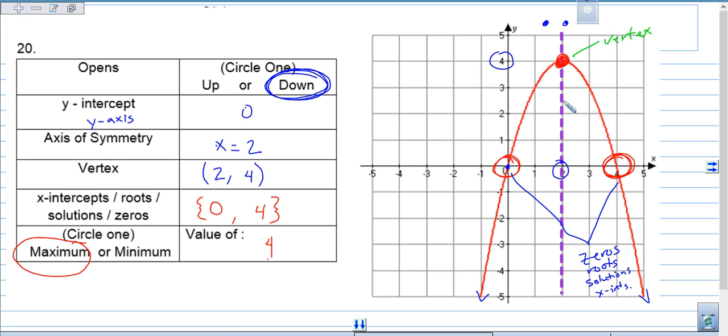This is our axis of symmetry. Okay? And then this is also our max, our maximum. Okay? This concludes our videos for the Unit 6 study guide.